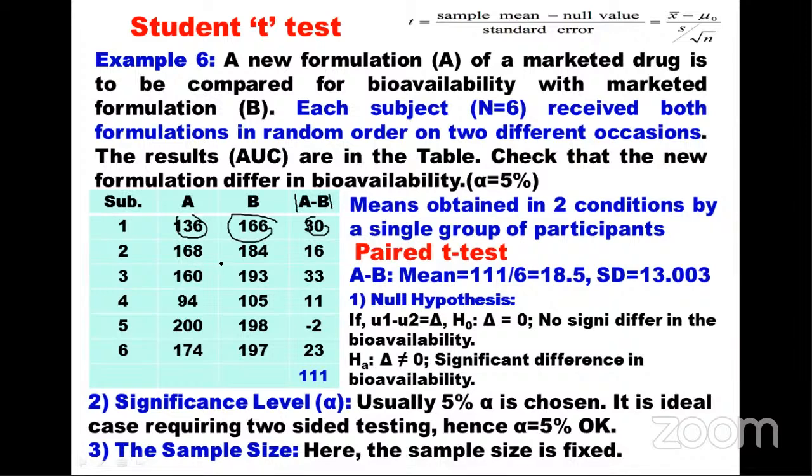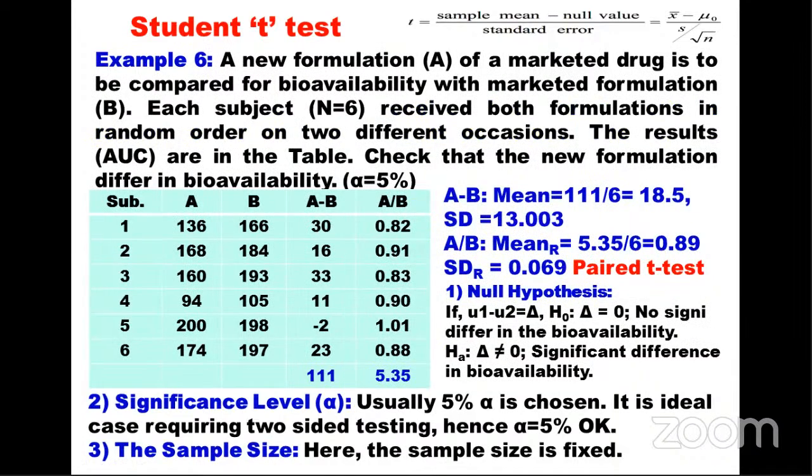Then again absolute value and difference. Here it comes, this is Excel. Then take the mean of that and find the standard deviation and mean. So I took the ratio also. Here we can take the ratio also, A by B.